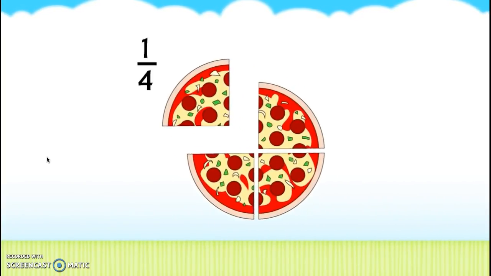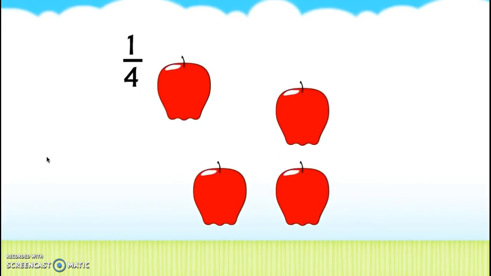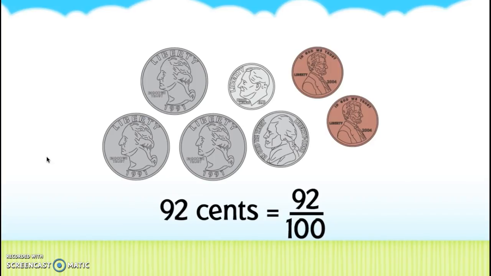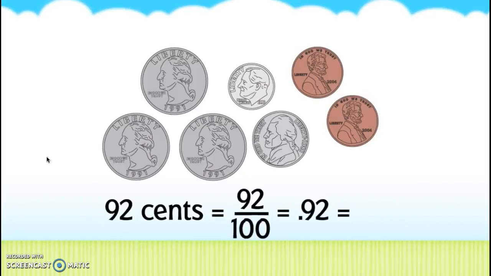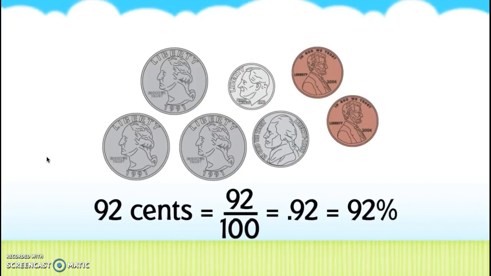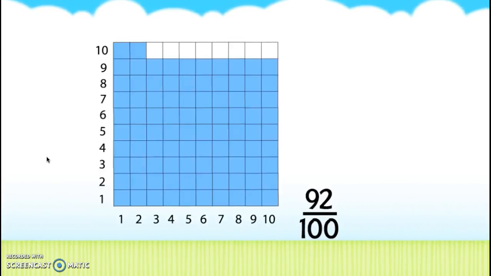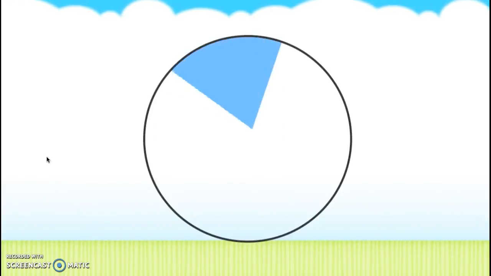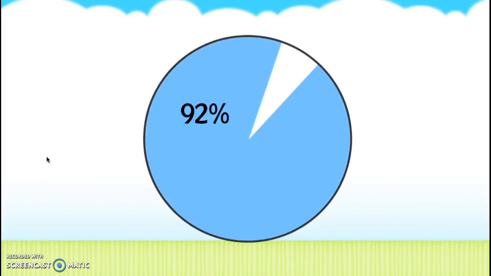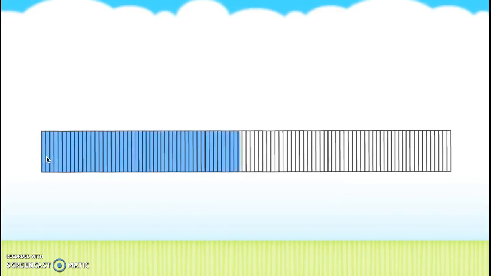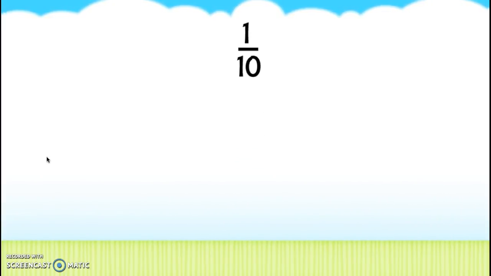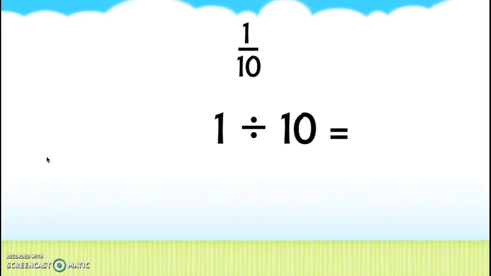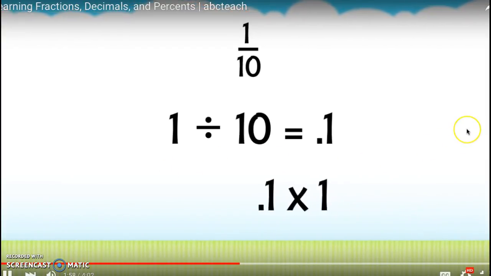You can show the parts of a pizza or the parts of a group the same way. When you see any fraction, decimal, or percent, remember that you can express it in two other ways. Practice converting fractions into decimals and decimals into percents.